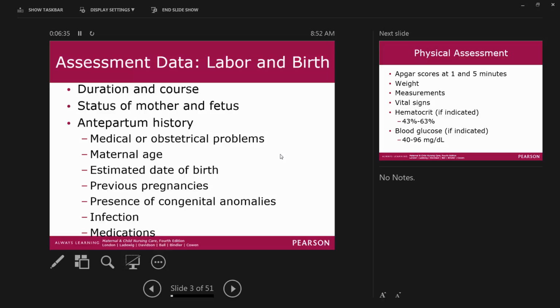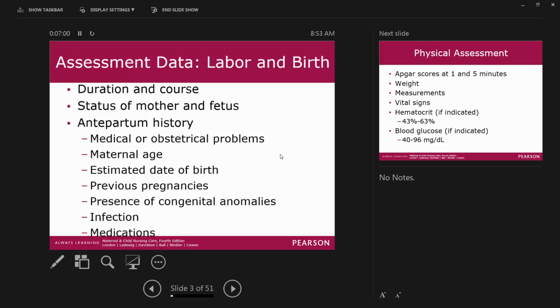How long was the labor and how hard was it? If we have a very long, hard birth, we might have a baby who is exhausted. Maybe baby's a little short on oxygen. So we want to know those things.